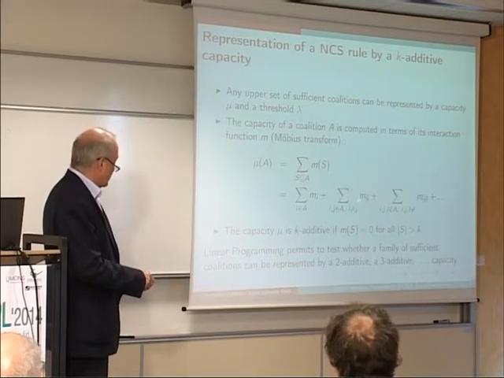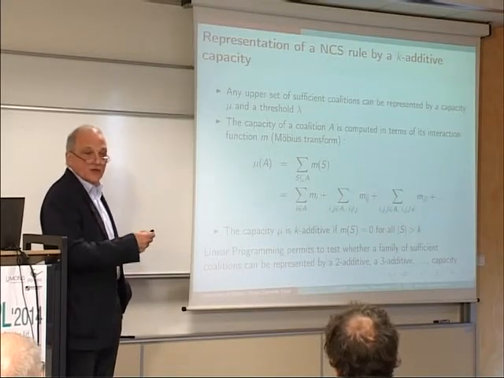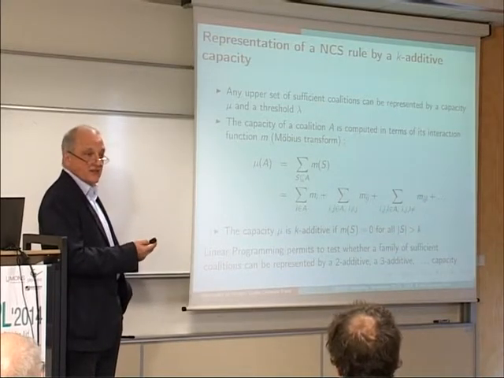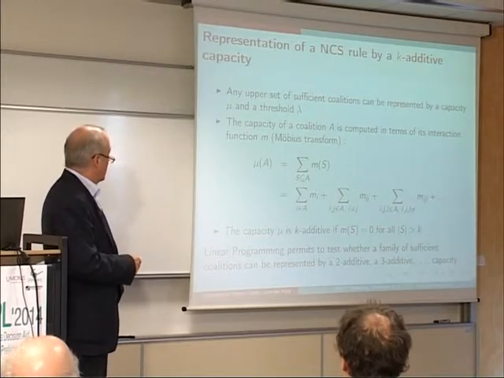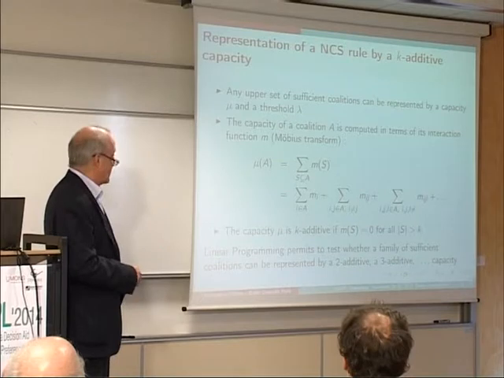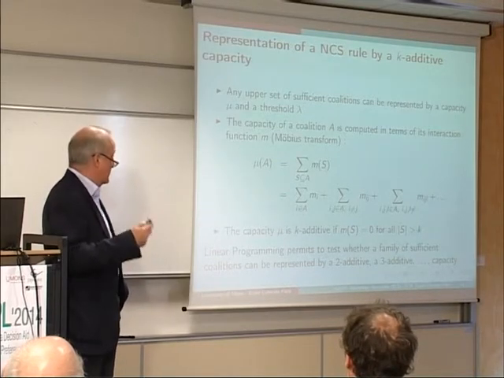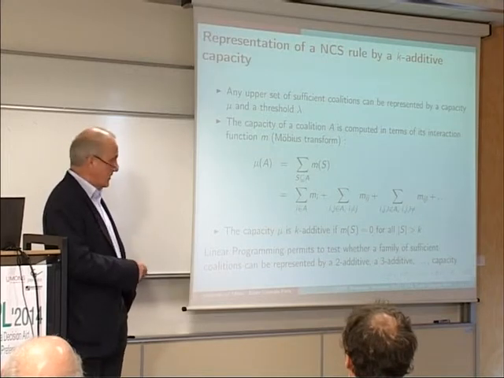A two-additive capacity is when you go up to this point, and so on. So the classes in which we are interested: which NCS rules can be represented by one-additive, but it's MR-Sort, two-additive, three-additive, and so on.